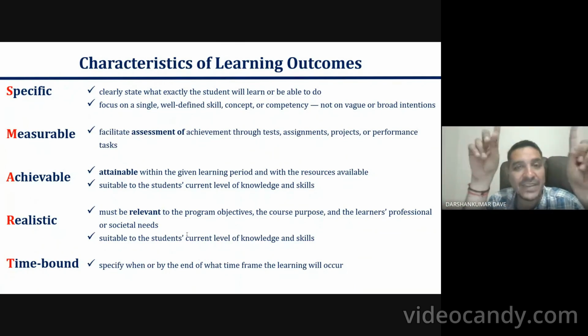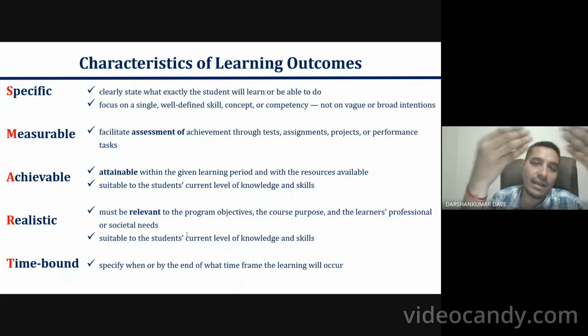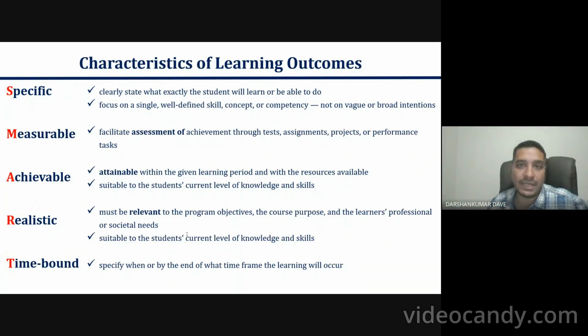So this statement is very much necessary when you are writing a learning outcome. You may write all 3 or 4 outcomes one after another as a list, but the common statement should be that after completion of the course.